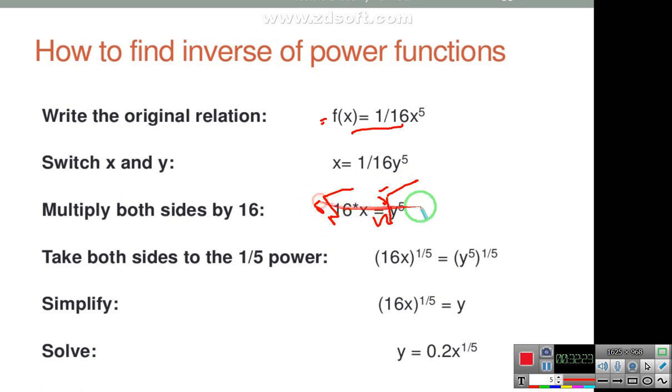So root of 5 means it will be like 1 by 5. It's a root of 5. If it's root of 6, you need to write 6 here. If 7, 8, and so on. So it's a simple way of finding the inverse of a function.